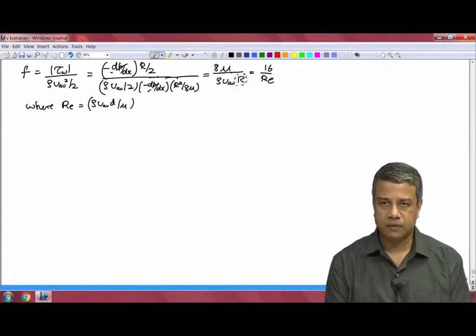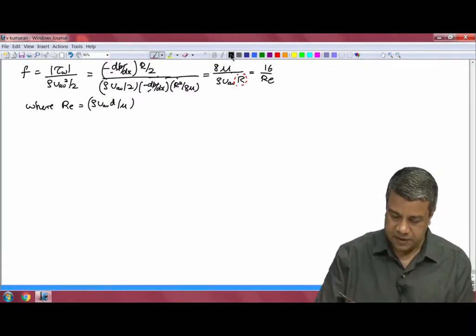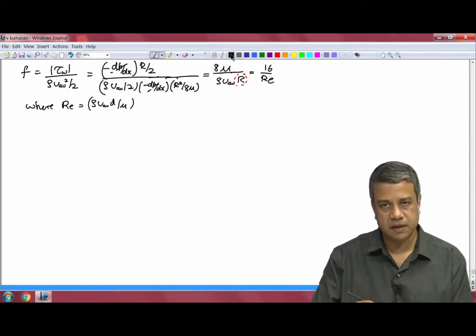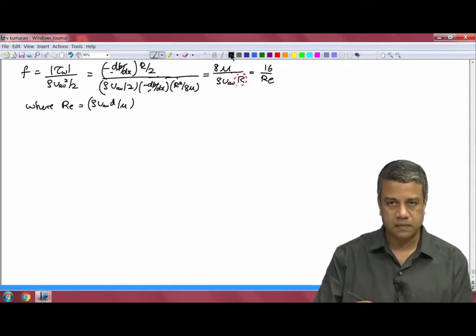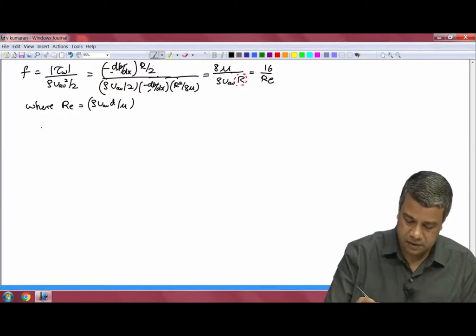Before we go on to an example, I would just like to briefly explain one other issue about this pressure gradient and the viscous stresses. So, for this particular steady state configuration we had got this.